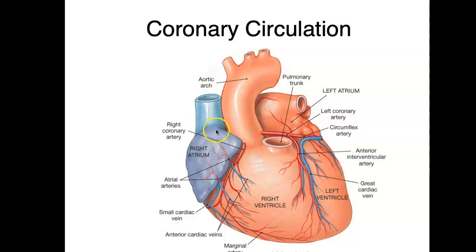So what gets done? When you have a bypass surgery, what you're trying to do is exactly bypass that block. Let's draw it with a black pen here. Let's say I had a block right here, and nothing is getting past there.